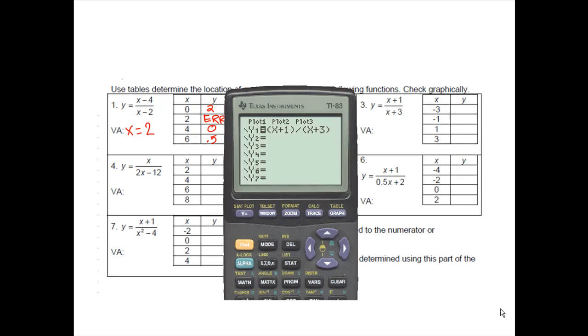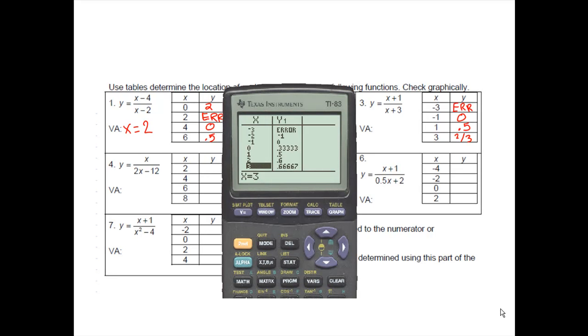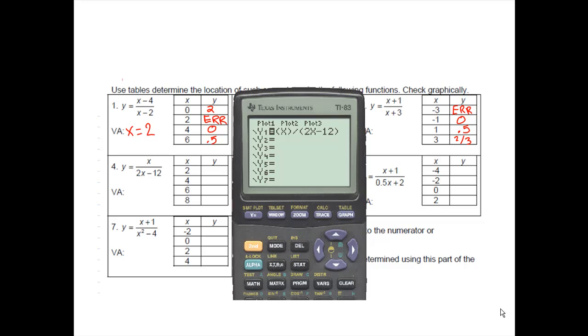Number 3, Y equals X plus 1 divided by X plus 3. We do the same thing, go ahead and plug it in, and then we go to the table of values, and we find out that when X is a negative 3, this is when we have the error. This is your vertical asymptote.